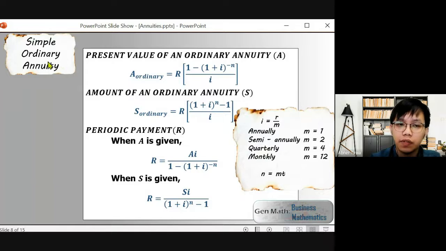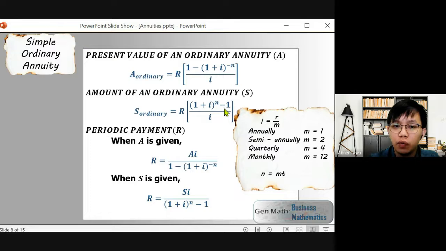As I have said earlier, magkaparehas lang din ang formula ng simple tsaka general. Kaya itong formulas na to ginagamit din dito sa general ordinary annuity. Okay? So, parehas ang formula na ginagamit sa simple ordinary annuity sa general ordinary annuity.